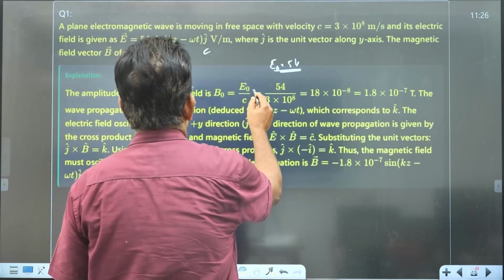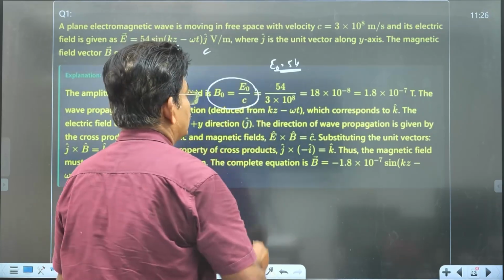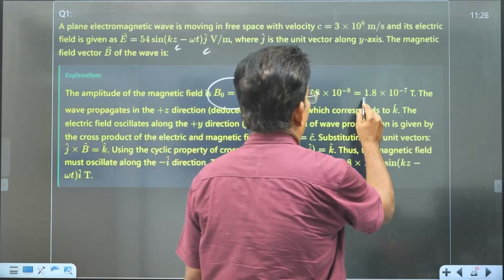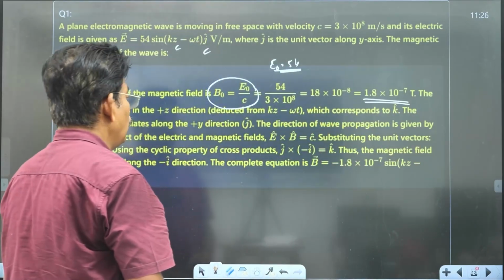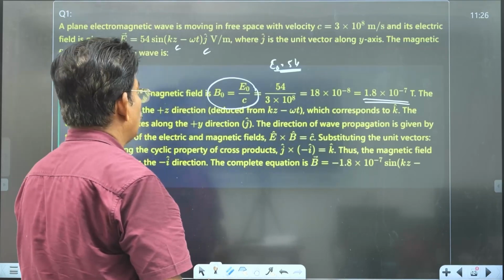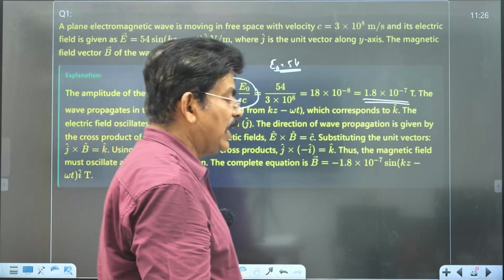First we calculate the magnetic field amplitude by the formula E0 by C, that comes to be 1.8 into 10 to the power of minus 6. Now we have to calculate, so we got the magnitude. Now we have to get the direction of it.